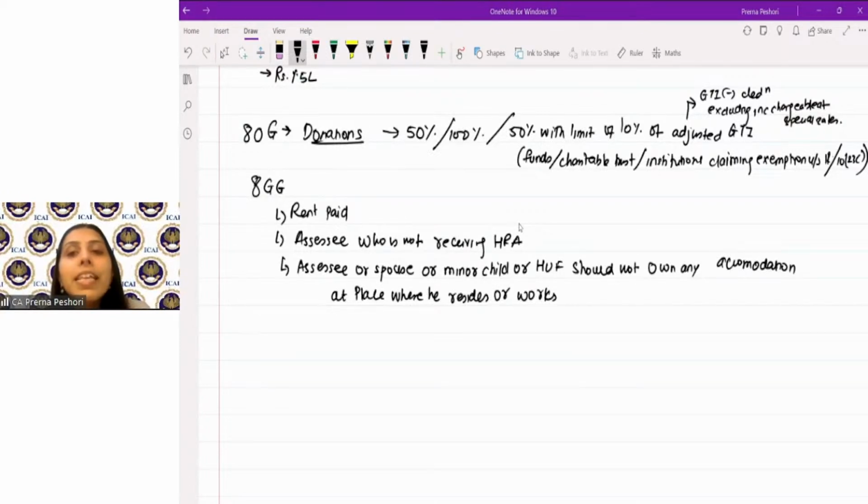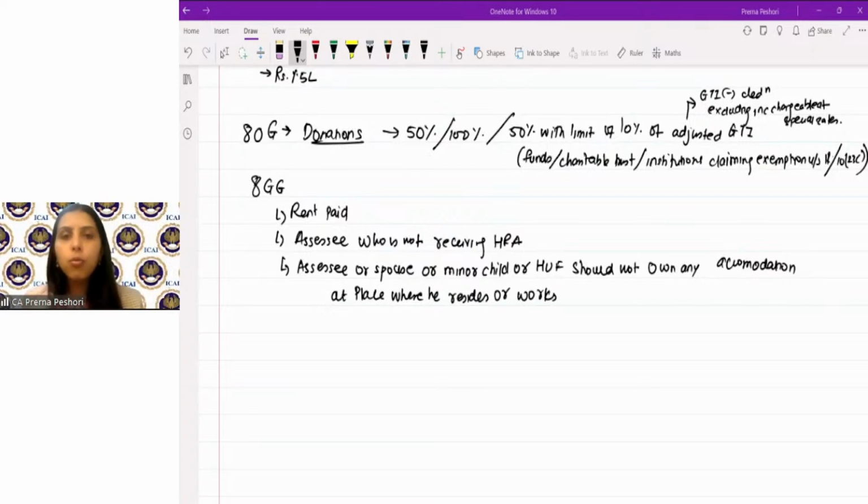If the assessee owns any accommodation at any place which is not near to his house or near to his workplace, such accommodation should not be in the occupation of the assessee, and the annual value is not chargeable under section 23. So what it says is that the assessee should not own any accommodation which is near to the house where he is at the moment staying on rent or near to the place of work.